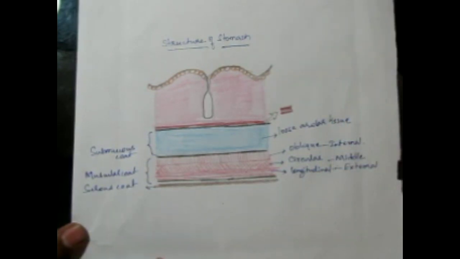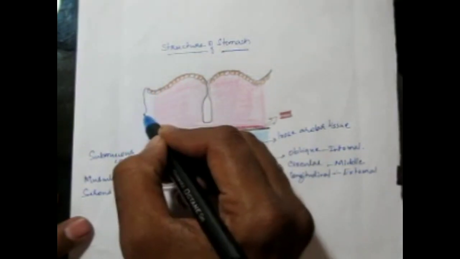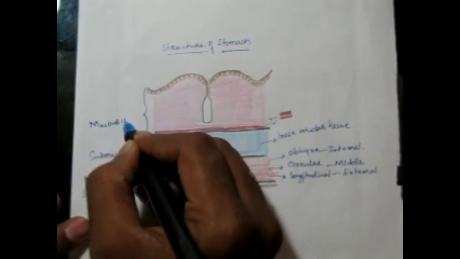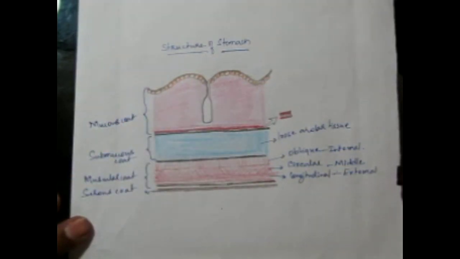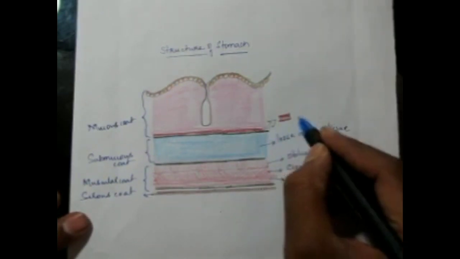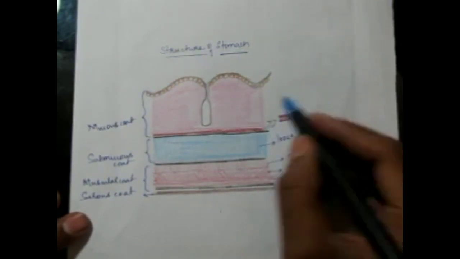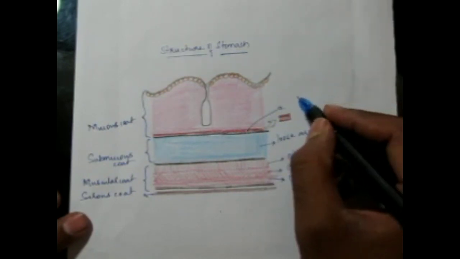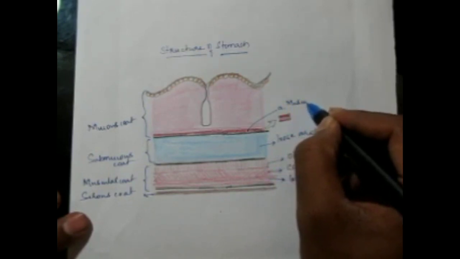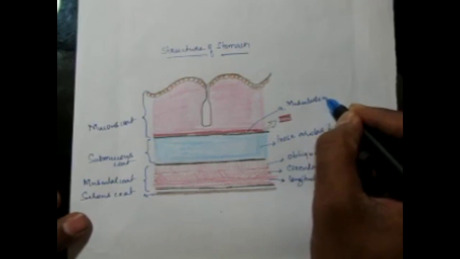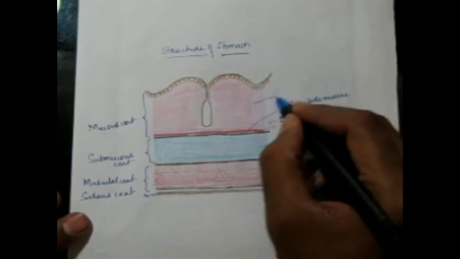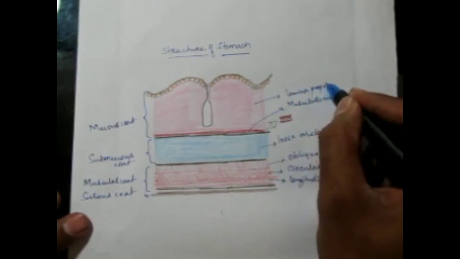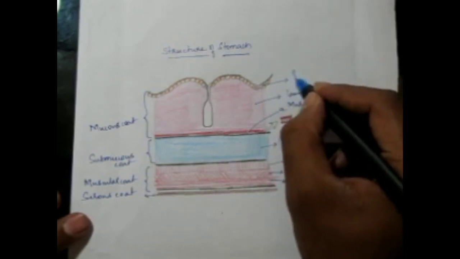The last, most internal coat is the mucous coat. Mucous coat consists of again 3 parts: muscularis mucosae, lamina propria, and surface epithelium.